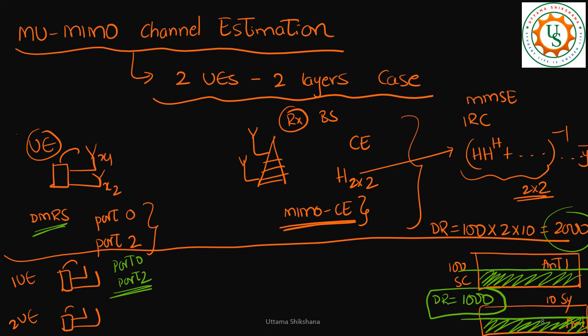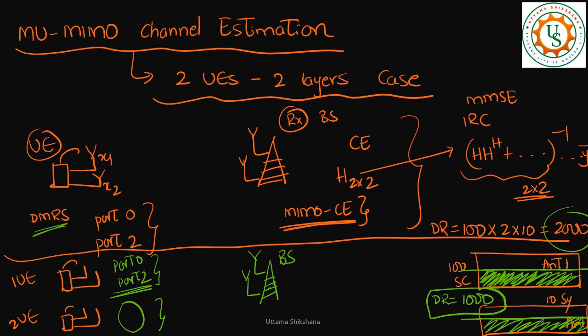Which orthogonal subcarriers, in the sense, the first 50 subcarriers we are allocating to UV number 1, whereas the remaining 50 we will be allocating to UV number 2. Since they are separated out in the frequency domain and there is no overlap, we can use the same port, no problem here. Now what about the base station? So base station can have a minimum two receive antennas.